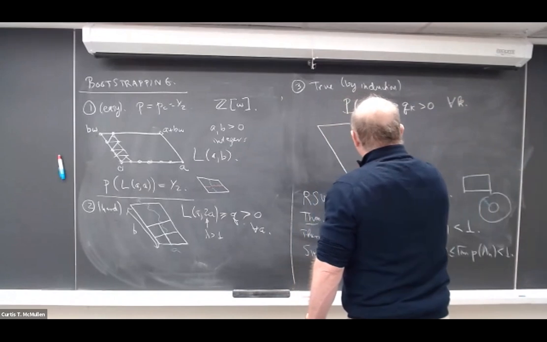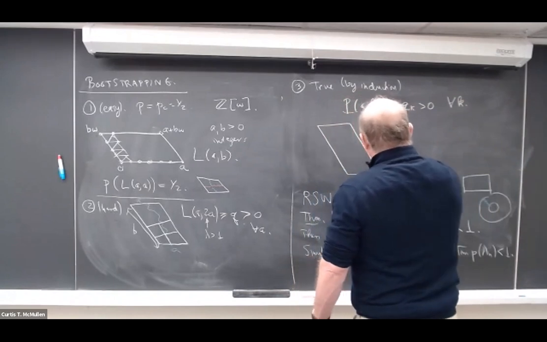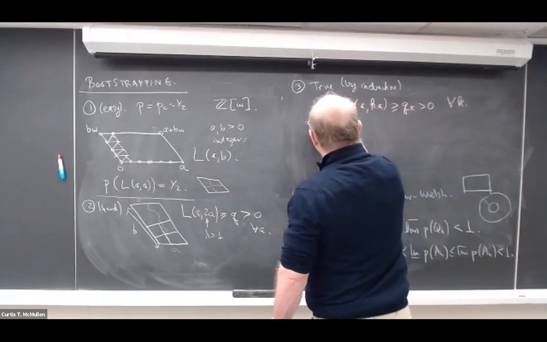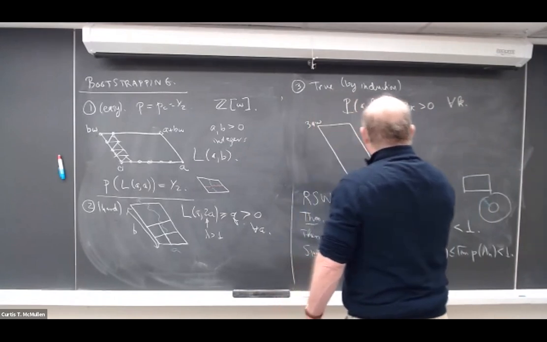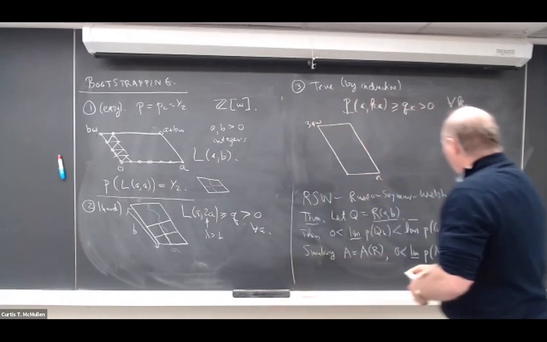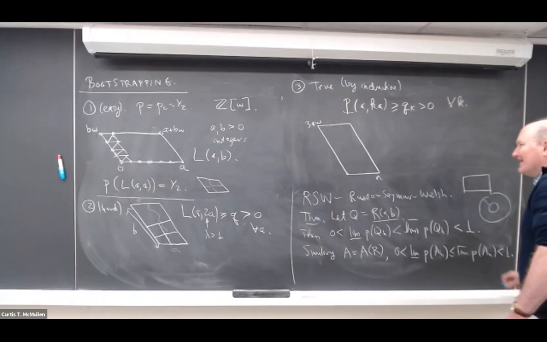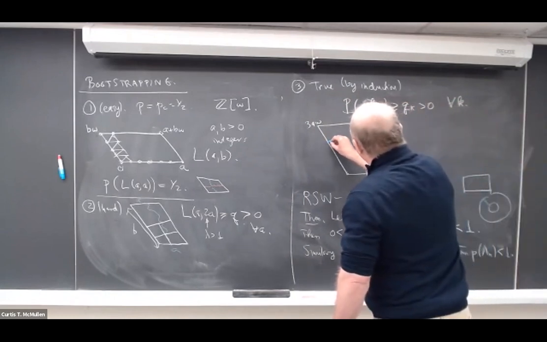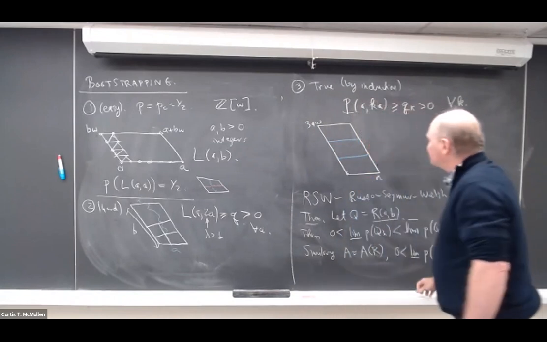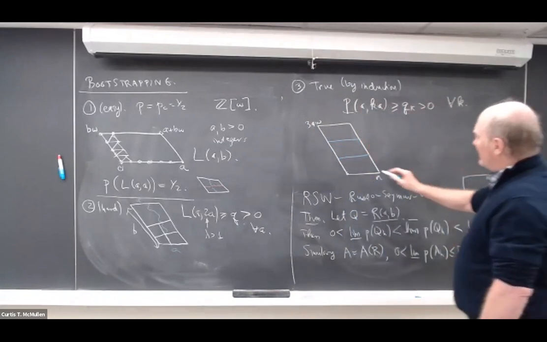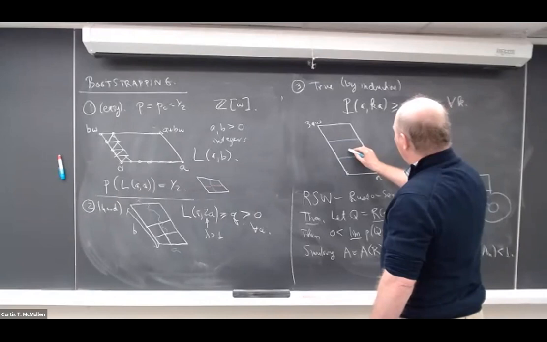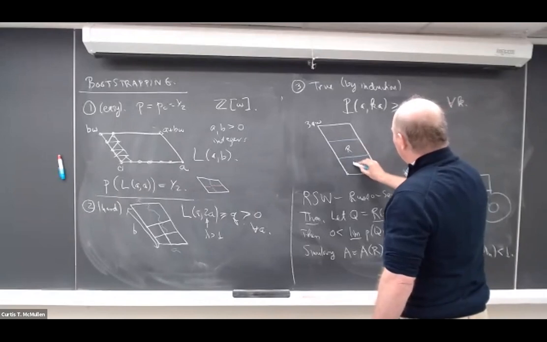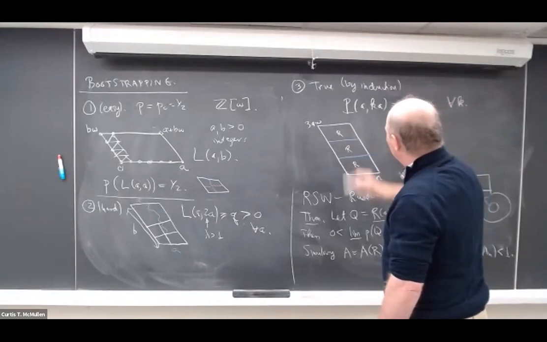So what you do, let's suppose that this is 3A omega, and this is A here. What you do is really neat. You cut this region into 3 rhombuses. So we have a rhombus here, a rhombus here, and a rhombus here.